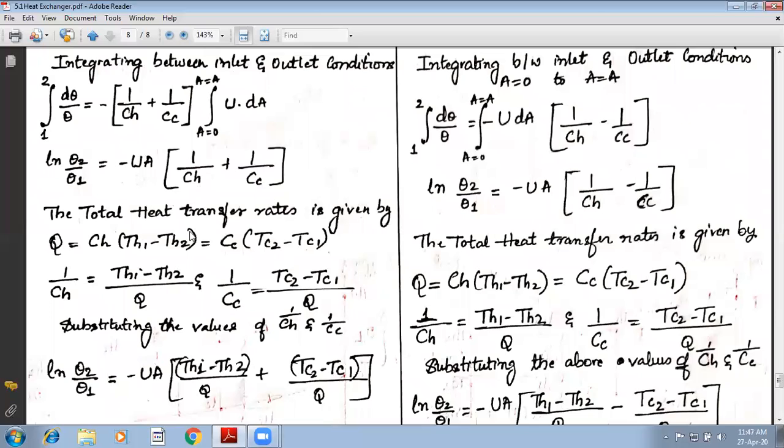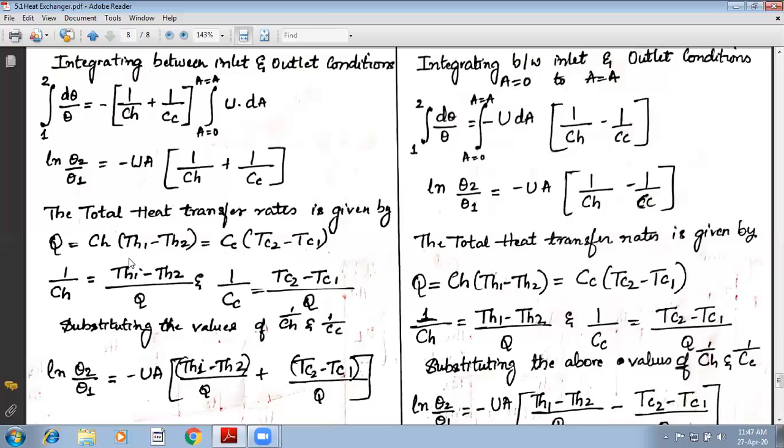Now the total heat transfer rate is given by Q is equal to m dot H into Cp of H multiplied by TH1 minus TH2. Now m dot H into Cp of H can be written as C suffix H, and m dot C into Cp of C can be written as C suffix C.